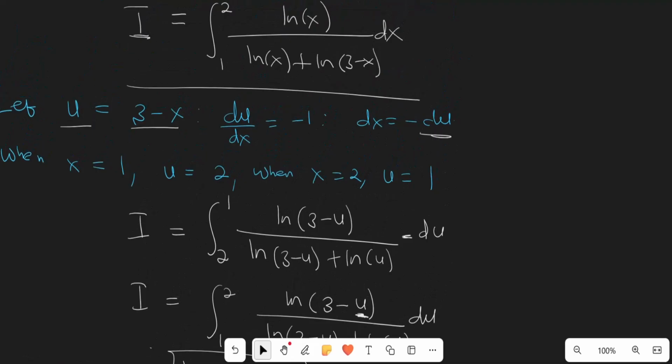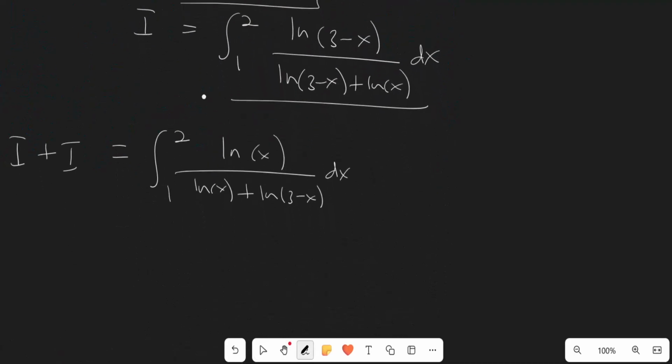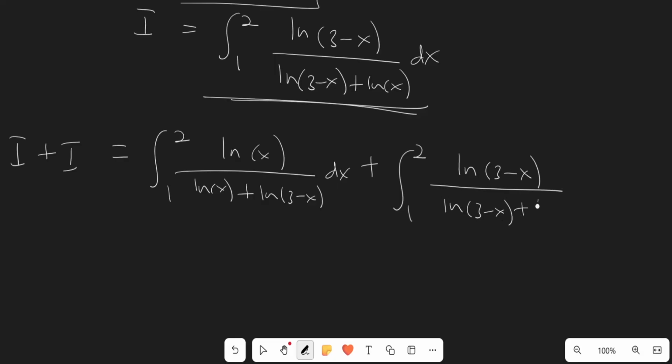That is the first I. And the second I is plus the integral from 1 to 2 of the natural logarithm of 3 minus x all over the natural logarithm of 3 minus x plus the natural logarithm of x, dx.